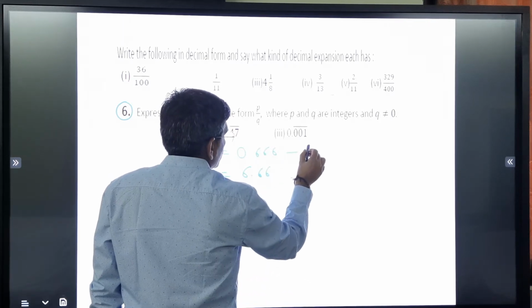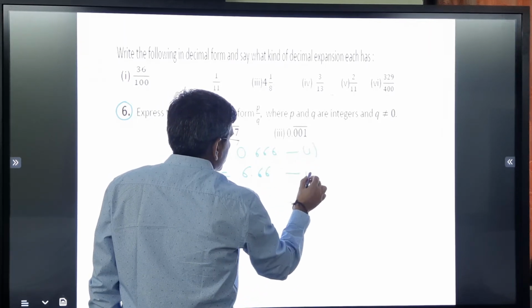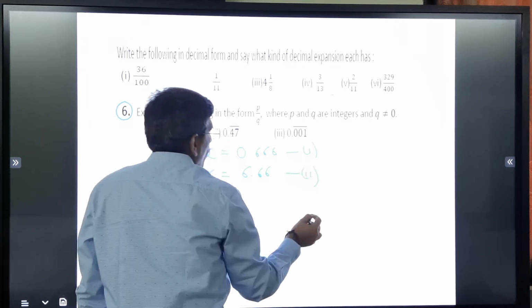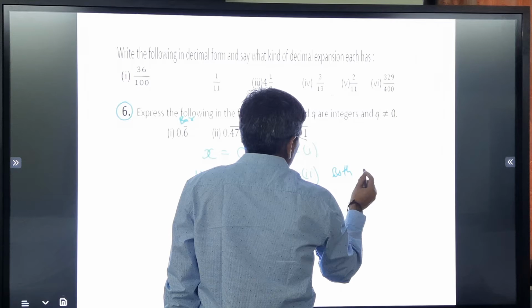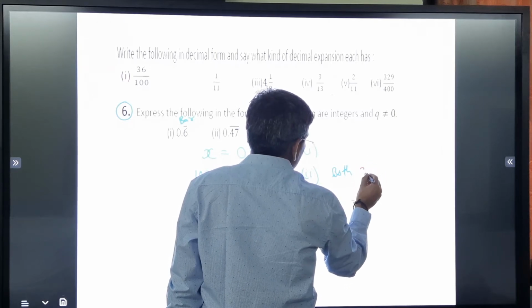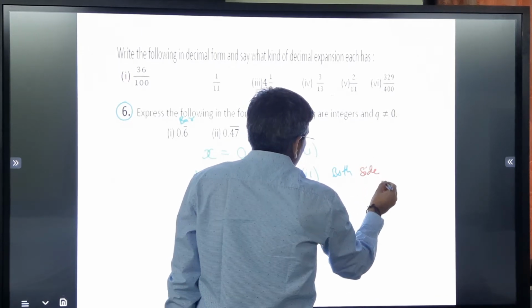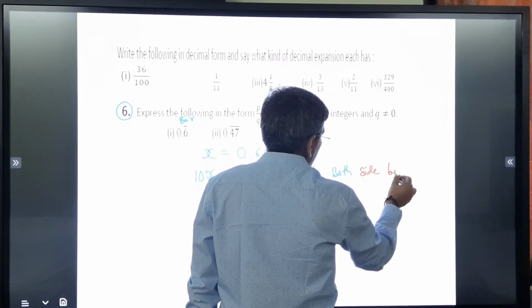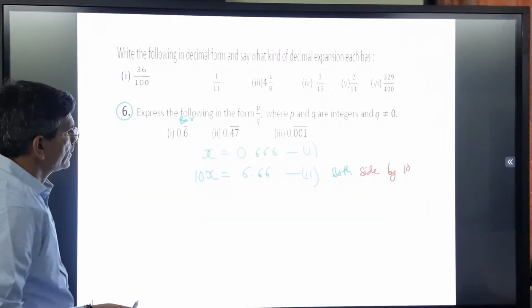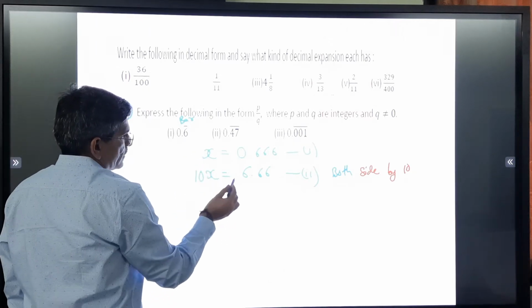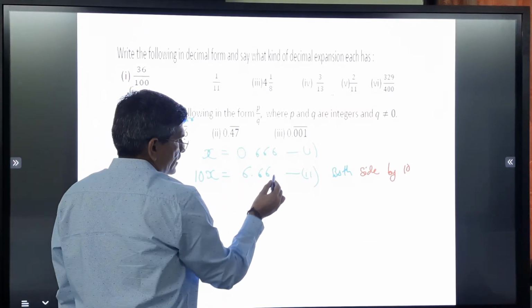That is equation number 1. Here, equation number 2: multiply both sides by 10. So now 10x is equal to 6.66.